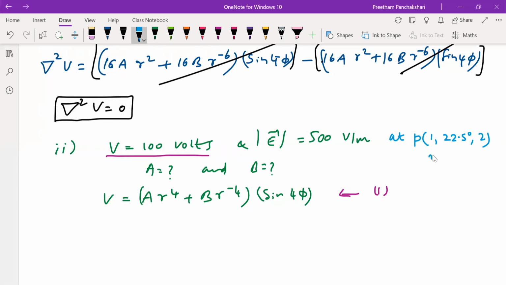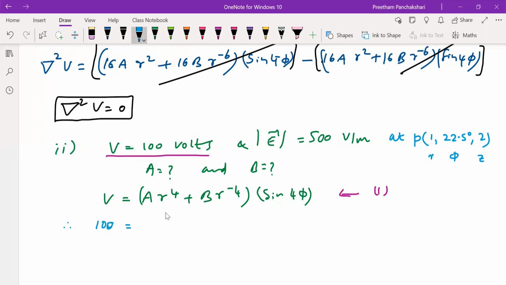Here 1 is R, 22.5 degrees is phi, 2 is Z. So at these coordinates of the point, V is equal to 100 volts and magnitude of E is 500 volts per meter. So therefore, here I'm going to put V value as 100 by utilizing these coordinates of this point.